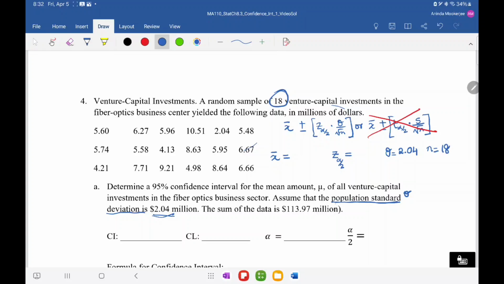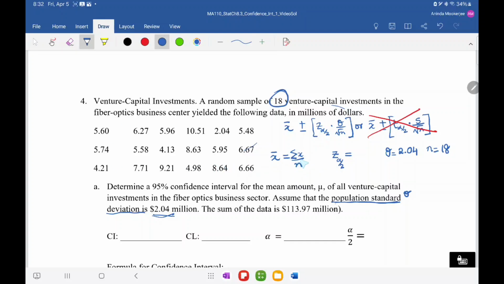We have to find x bar. They haven't provided us the sample mean right away, so we have to calculate it. How do we calculate the sample mean? The formula for the mean is sigma x over n. You sum up all the data values and divide by the number of values in the data set, which is 18.